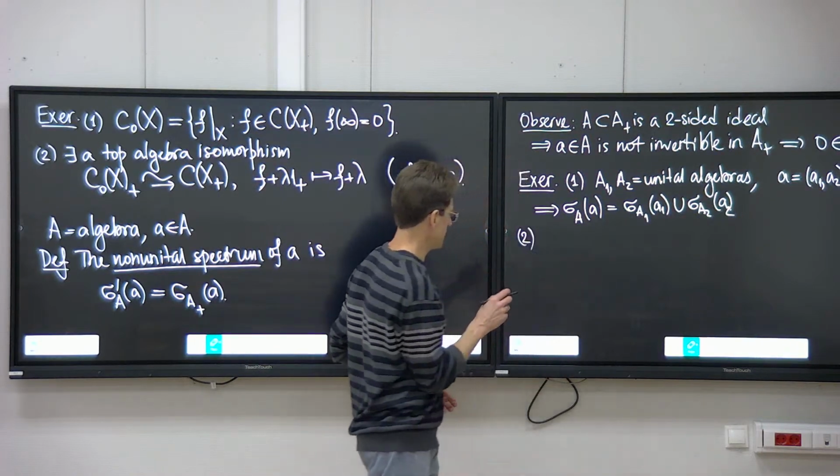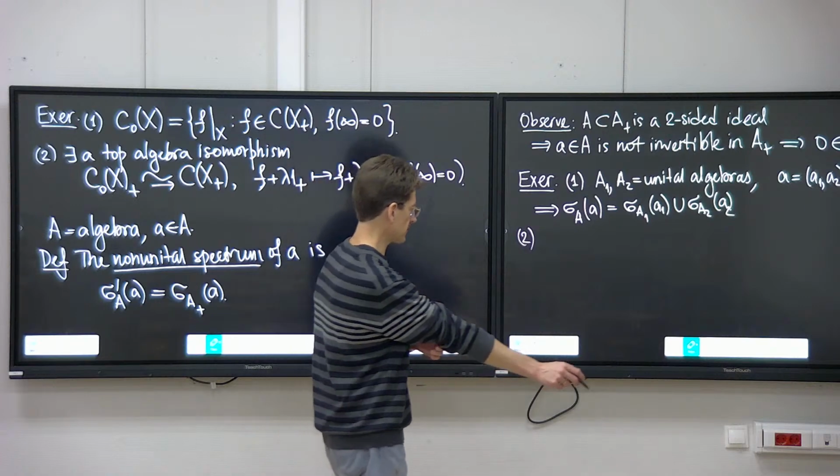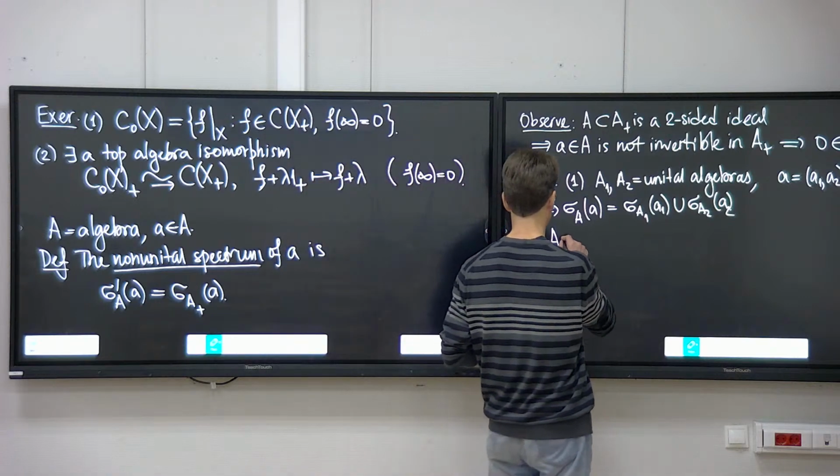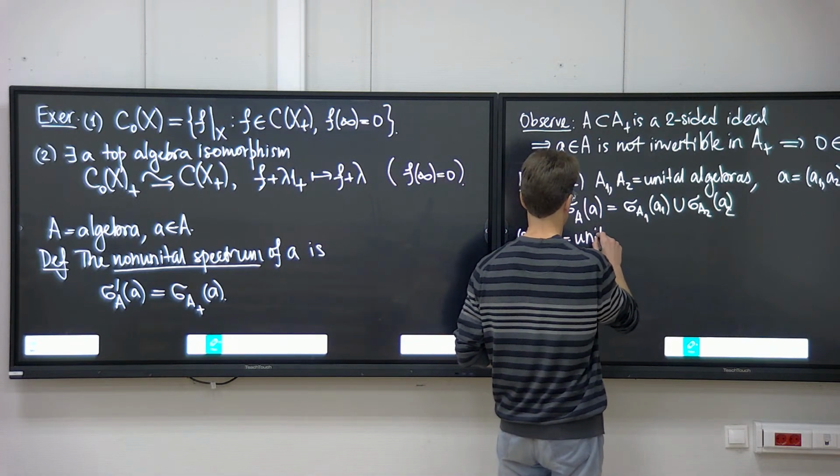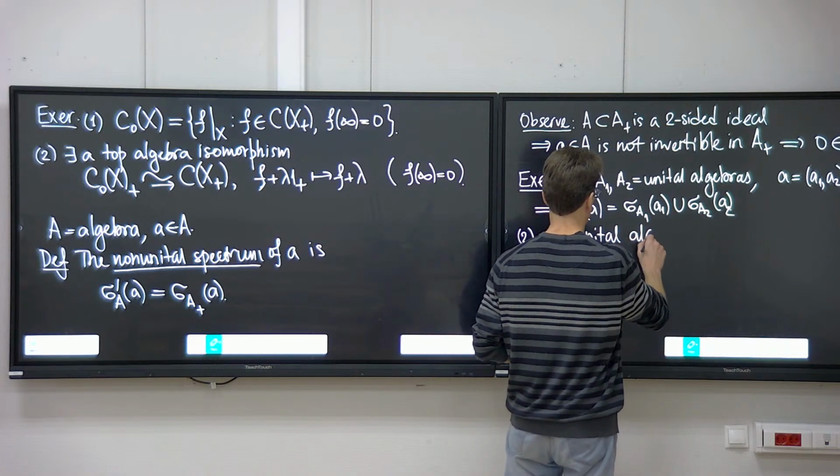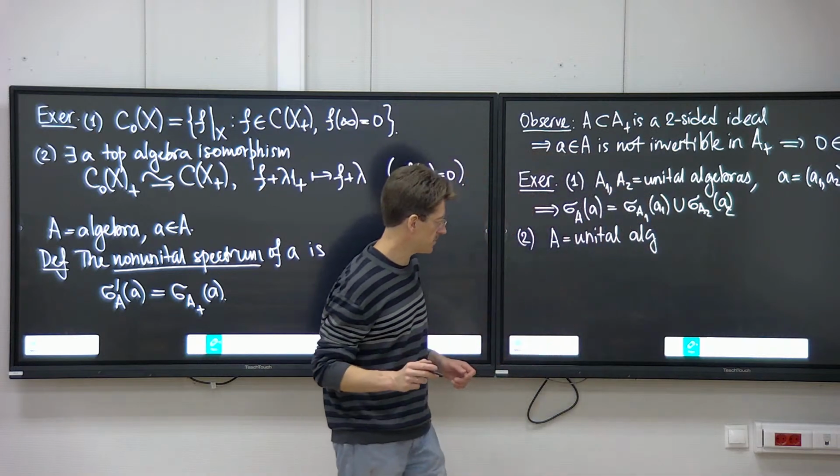The second exercise is that if A is a unital algebra, then what can I say about its unitization?